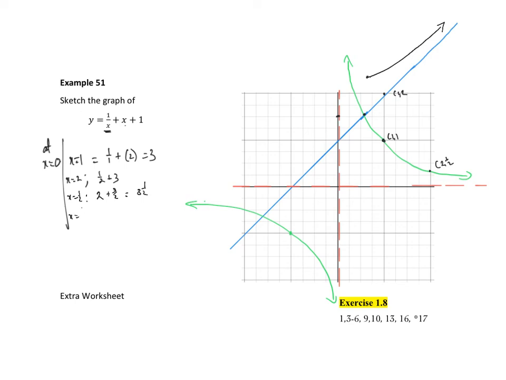If I put x equal to, say, 1/10, I get 1 over 1/10, which is 10, plus 1/10. If x is, say, 1 on 100, I get 1 over 1/100, which is 100, plus 1/100, so 100 and 1/100. So it's really that big green line value plus a little bit from the blue line.